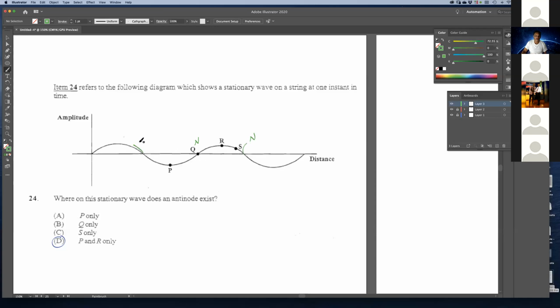This is another node for sure, because the displacement is zero and will always be zero. But in between two nodes, what do you have? Antinodes. Exactly in between nodes, you have these things called antinodes. And therefore, where on the stationary wave does the antinode exist? P and R. We good?